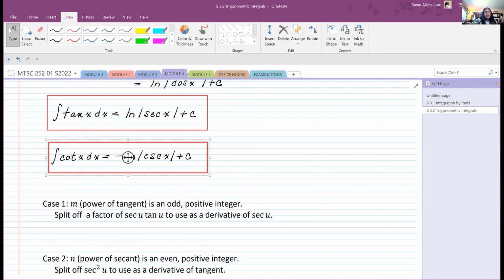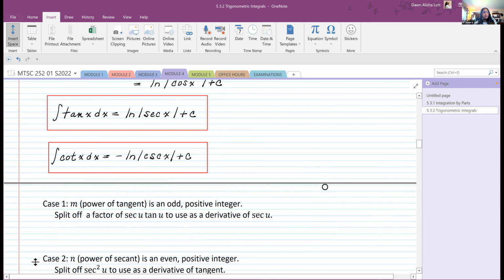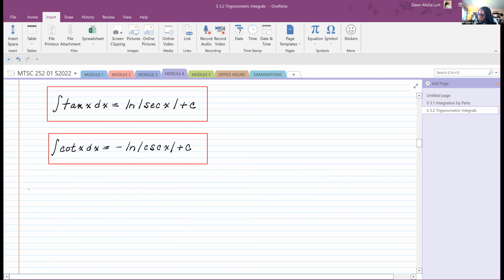Okay, what do we do if we have secant to the first power? Okay, so we took care of tangent and cotangent. So secant to the first power would be the integral of the secant of x dx. And to do this one, we do a little trick.